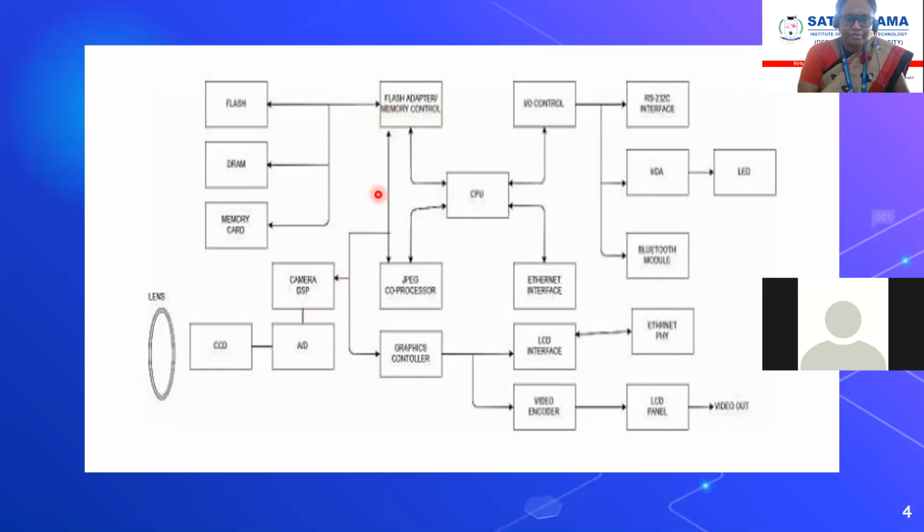The analog video stream is generated by the charge coupled device or CCD chips, which the DSP chips convert into digital form. Advantages of DSP in a camera are increased brightness, stability, resolution, greater sharpness, and greater power efficiency. Then data storage: store the data in flash, RAM, or memory card.